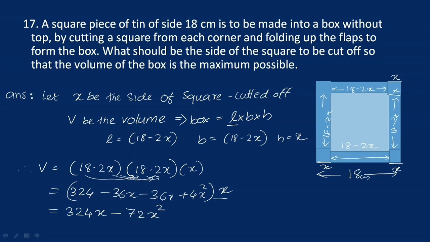Taking x inside, we have 324x minus 72x square plus 4x cube, or taking 4 outside, 4 into (81x minus 18x square plus x cube). Or by rearranging, the volume can be written as 4 into (x cube minus 18x square plus 81x).